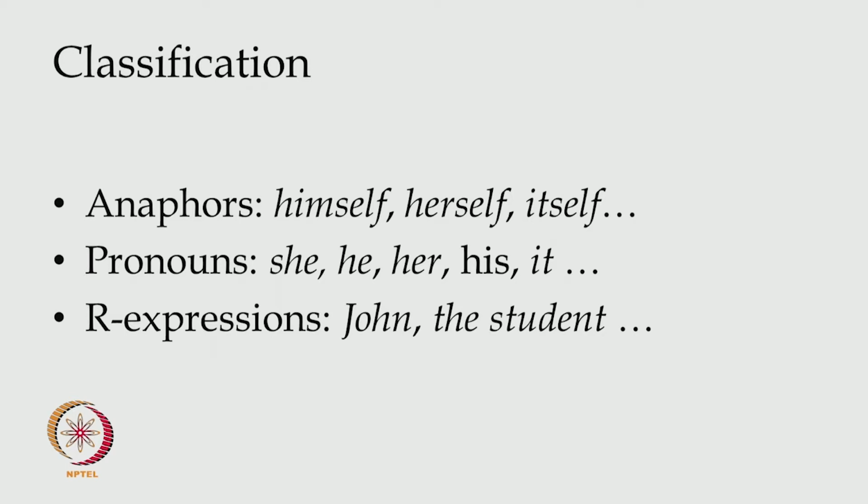So the terms like himself, herself, itself, these are called reflexives. They are called reflexives or reflexive pronouns because they reflect back to something. In a sentence, for these kinds of pronominal elements to appear, like himself, herself, itself, themselves, right?